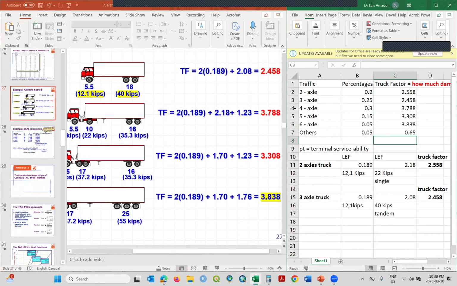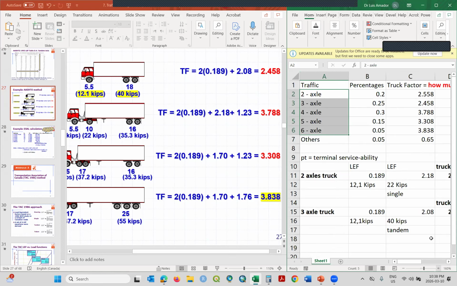They gave us that. So if I ask you, for these trucks, which one produces more damage to a pavement, which one would you say? I'm waiting for an answer.